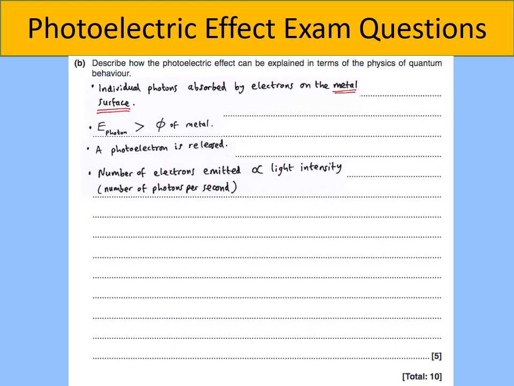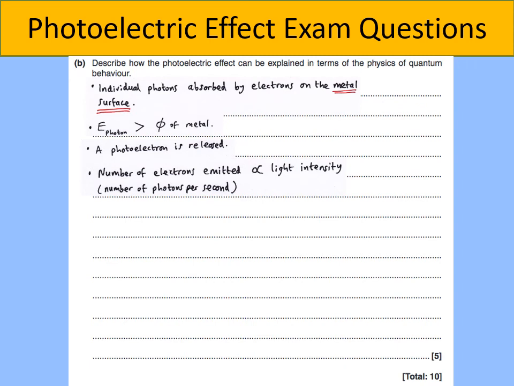Now, the number of electrons emitted is directly proportional to the light intensity, or the number of photons per second. If you were to double the amount of photons landing on the surface above the threshold frequency f0, then you would also double the amount of photoelectrons being emitted from the surface of the metal.